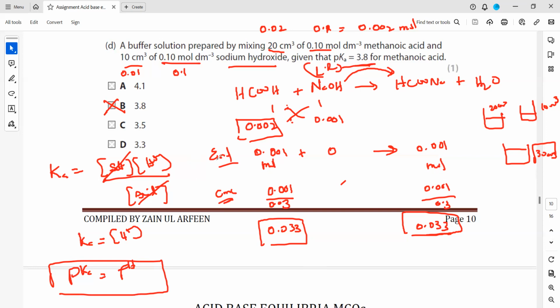So for buffer solutions, when the concentration of a salt and the concentration of acid is equal, in these questions the pH of the solution will be equal to pKa, or Ka will be equal to the hydrogen ion concentration. Any doubt in this one?